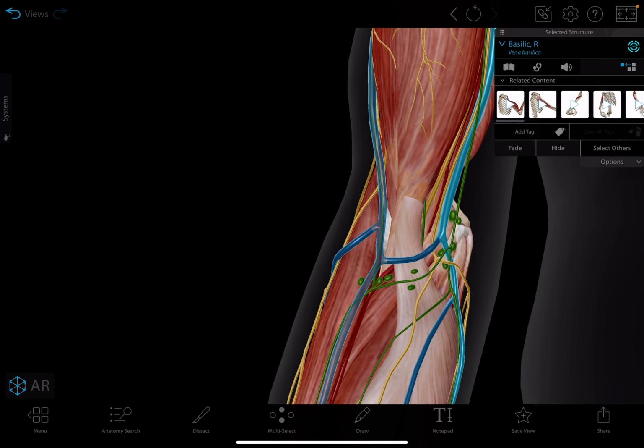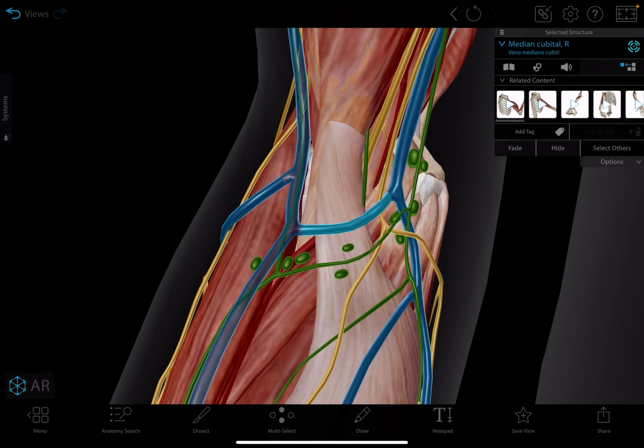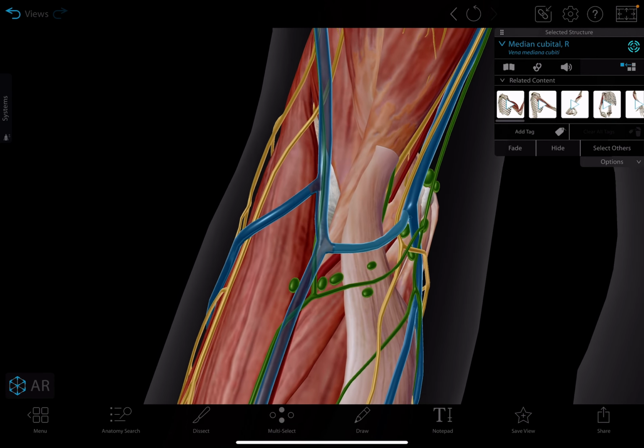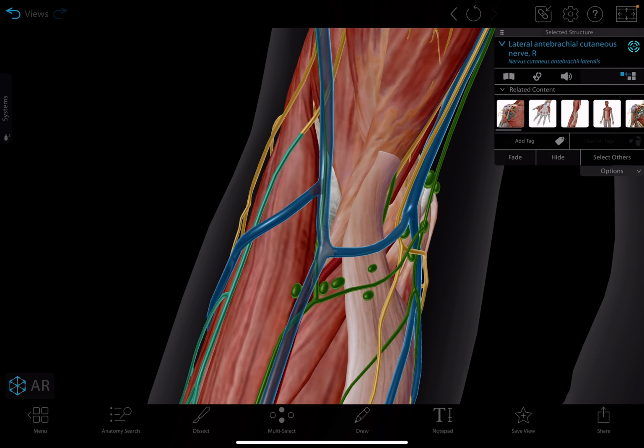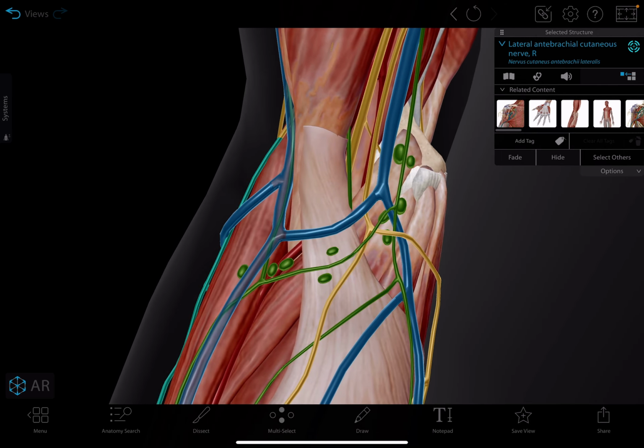These structures are lying on the roof. This is the basilic vein, and the two veins are connected by the median cubital vein, right? And then we have these cutaneous nerves here. This is the lateral cutaneous nerve of the forearm, which is the continuation of the musculocutaneous nerve, and the medial cutaneous nerve of the forearm, which comes from the medial cord of the brachial plexus.